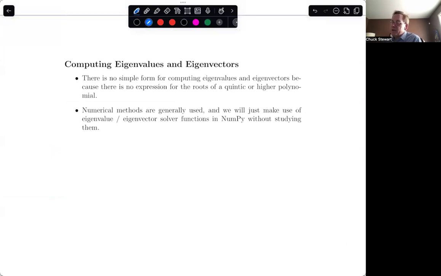Because we require solving higher order equations, computing the eigenvectors and eigenvalues is a numerical problem, and we won't worry about that too much. In particular, what you're going to use is np.linalg.eig of A. If this result is B, then B0 is a 1D array of eigenvalues.